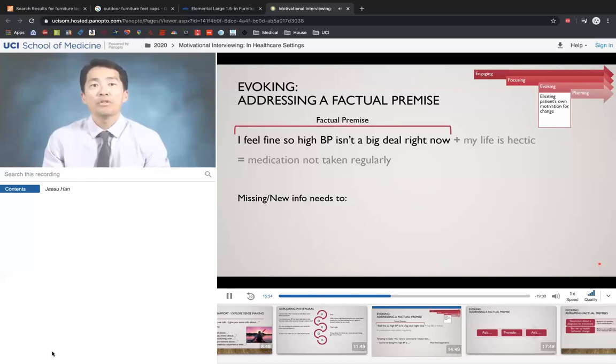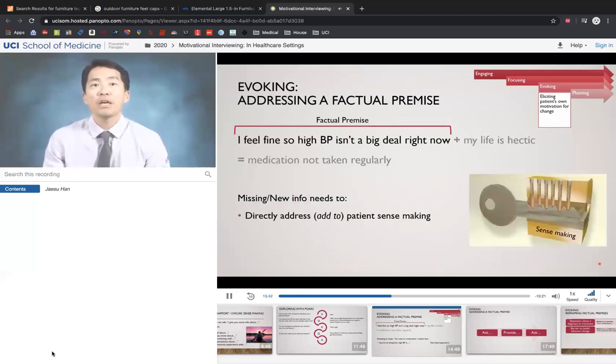So what does this mean? It means that new or missing information that we want to provide to the patient has to fulfill some criteria. It has to directly address and add to the patient's sense making. So if we think about the patient's sense making as a lock, as you can see here, then the medical information that we're trying to provide is the key.